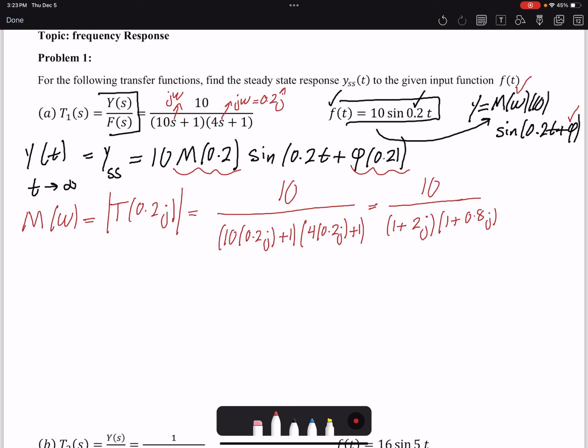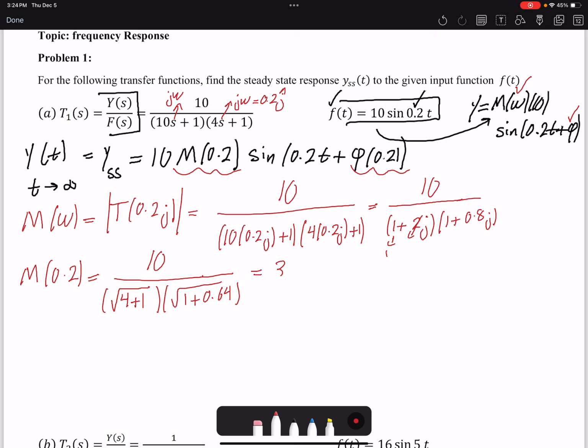Now if I want to find the magnitude, M at 0.2, the numerator is just 10, a number. The denominator has two complex numbers multiplied, and because they're complex, I have to use the Pythagorean theorem. The real part squared plus the imaginary part squared, so this one squared would be 1, this one squared would be 4. And same thing here, I have 1 plus 0.64, that's 0.8 squared.